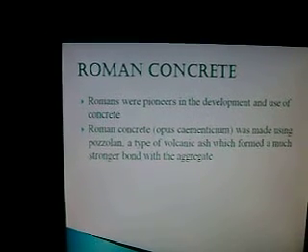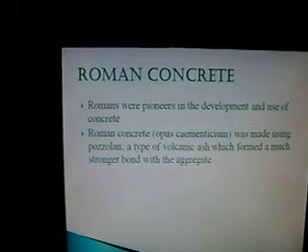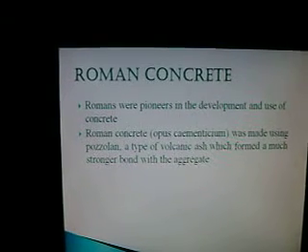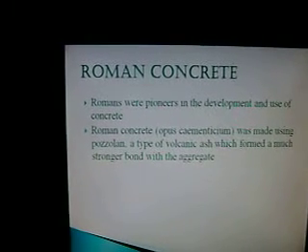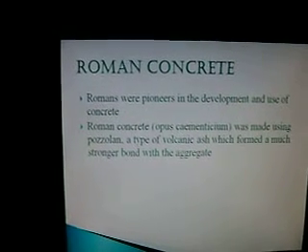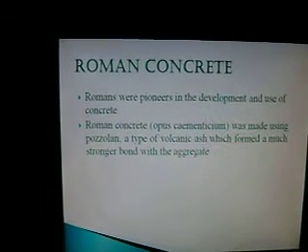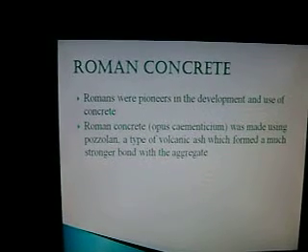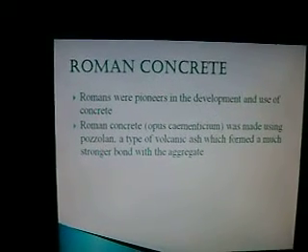A chemical reaction took place between the chemicals in the wall of the volcanic ash and the layer of lime applied to that wall, and they found that mixing a little volcanic ash in a fine powder with the moist lime produced a durable product that they would eventually use for concrete.